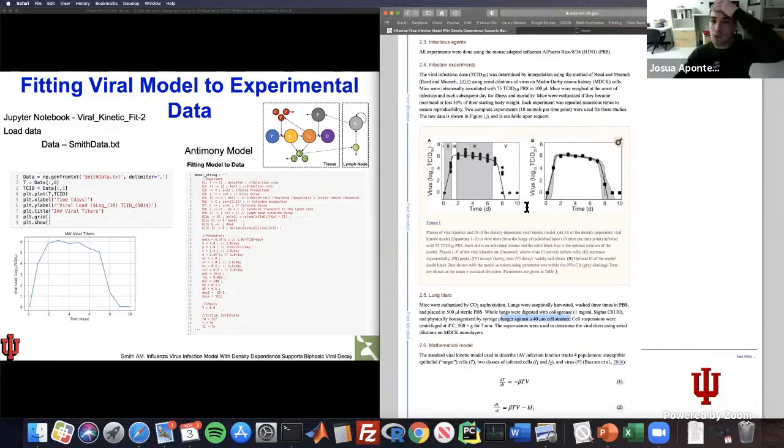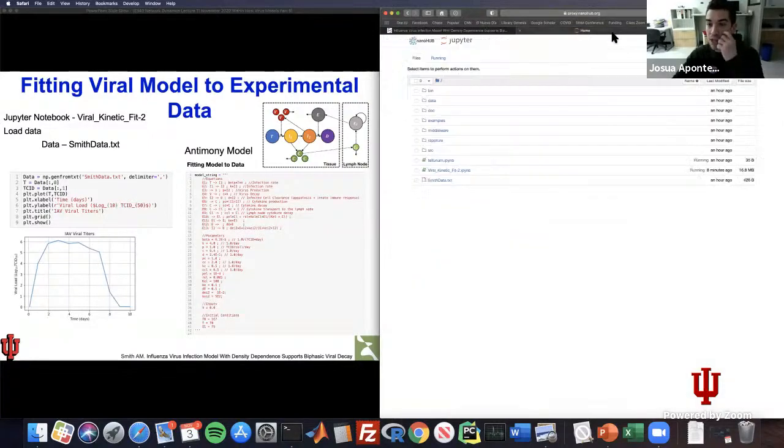I want people to load it. I'm going to create a poll, and wait for everyone to be able to launch their Jupyter notebooks and make sure that you load both the data set and the Jupyter notebook.